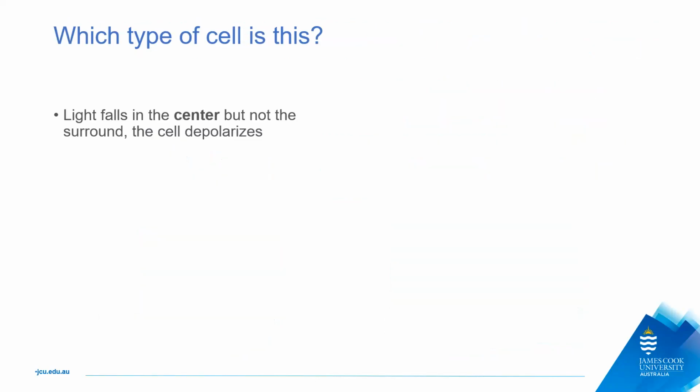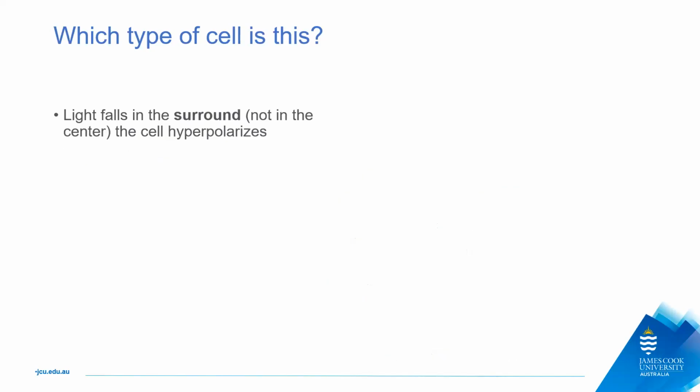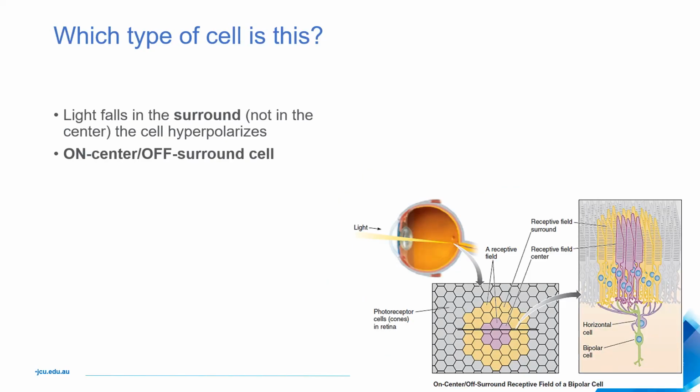Which type of cell is this? Again, this is from our textbook, the same image again, made smaller. So we're looking at an on-center off-surround cell. The on-center is always depolarizing, always, and its immediate periphery is hyperpolarizing. This is what this second slide is showing you.